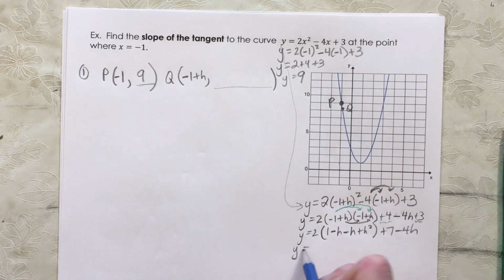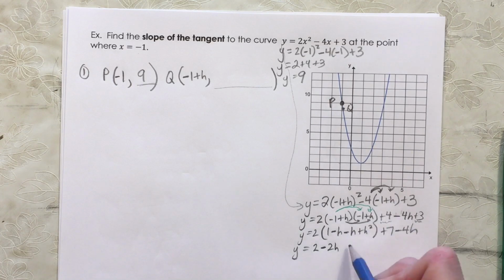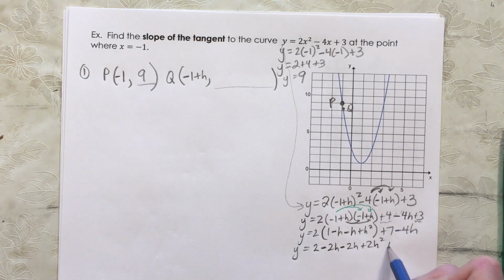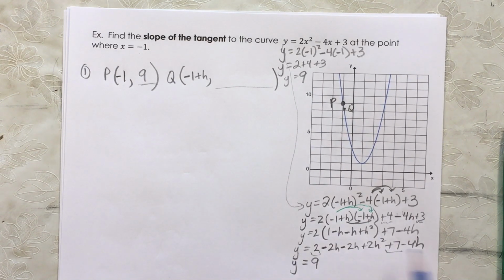I've got to distribute the 2 here, so 2 minus 2h minus 2h again, plus 2h squared, plus 7 minus 4h. And then finally, I've got my 2 plus 7 is 9.